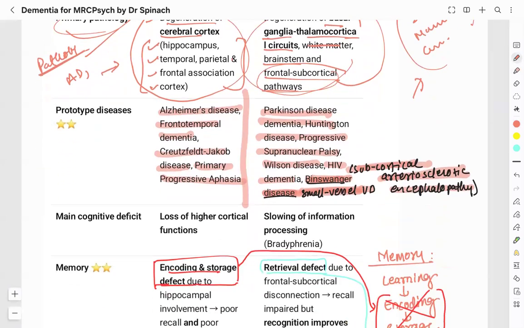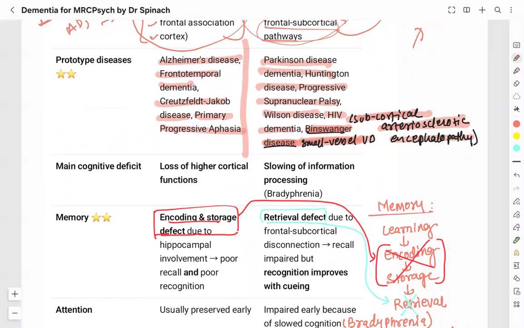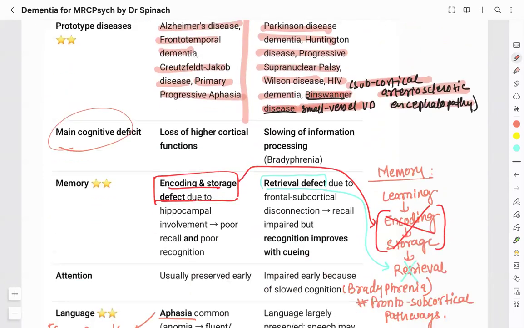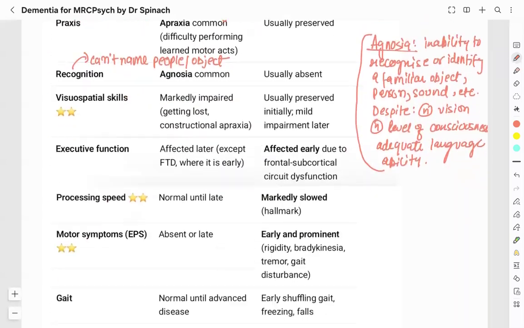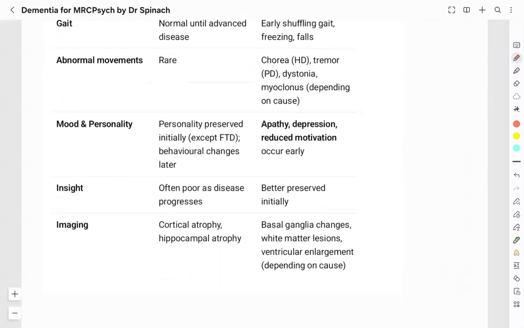The main cognitive deficit in cortical dementia is loss of higher cortical functions. Higher cortical functions involve executive functioning, movements, speech.